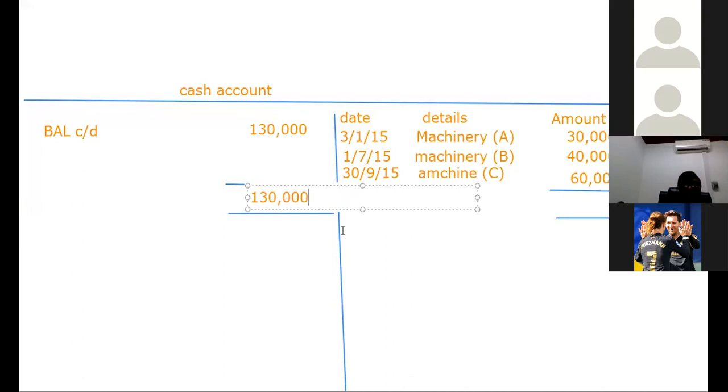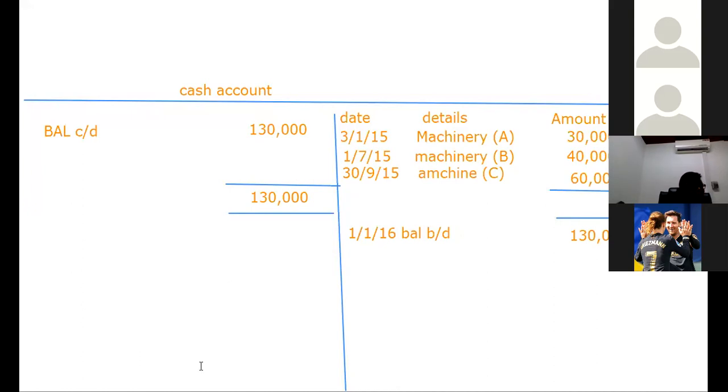And so on 1st January 2016, you have the balance brought down, which is still 130,000. And then you can enter the cash transactions for 2016.